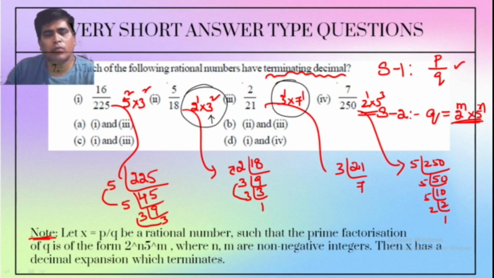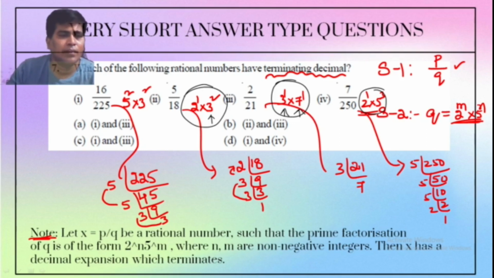We should have only 2s and 5s, but we have 3s and 7s. We can discard this one. So after discarding this, what is left to us? The fourth one we can clearly state that it is a terminating decimal, no doubt about it, that is in the form of 2 power m into 5 power n.